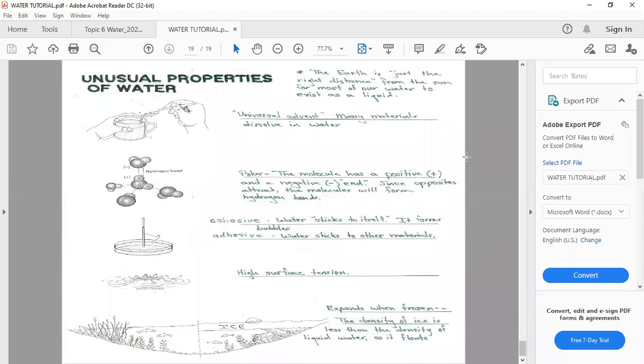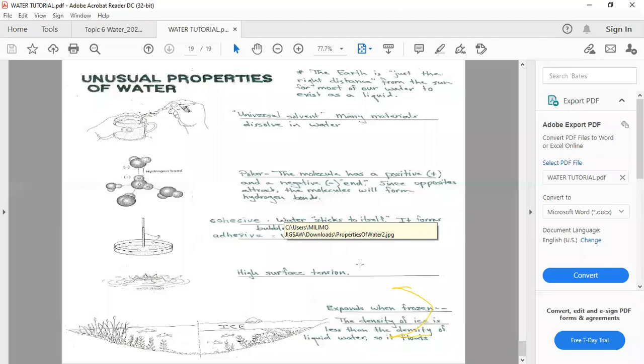So in summary, when we look at the unusual properties of water that we've looked at, we've looked at water being a universal solvent, which is what we have just explained. We've looked at water being polar, having a positive and a negative charged end, which leads to the formation of hydrogen bonds.